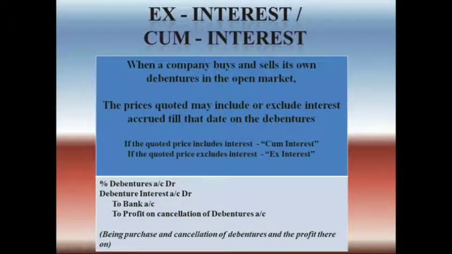We have one unique concept in debentures, which is ex interest and cum interest. It is where a company buys and sells its own debentures in the open market, and the price is quoted including interest or excluding interest, so we have this concept of ex interest and cum interest.